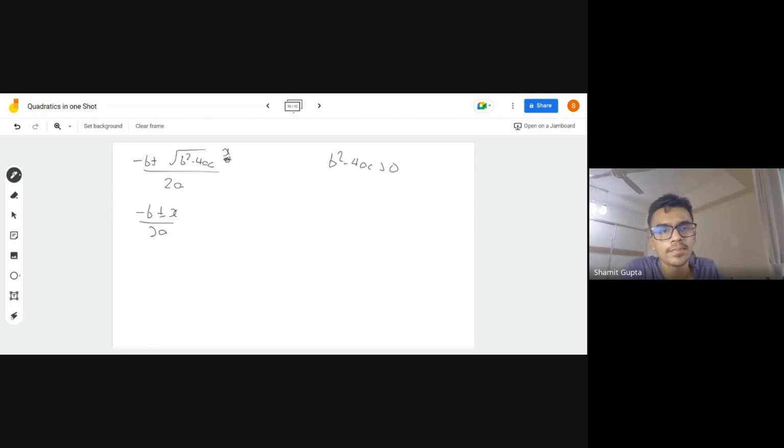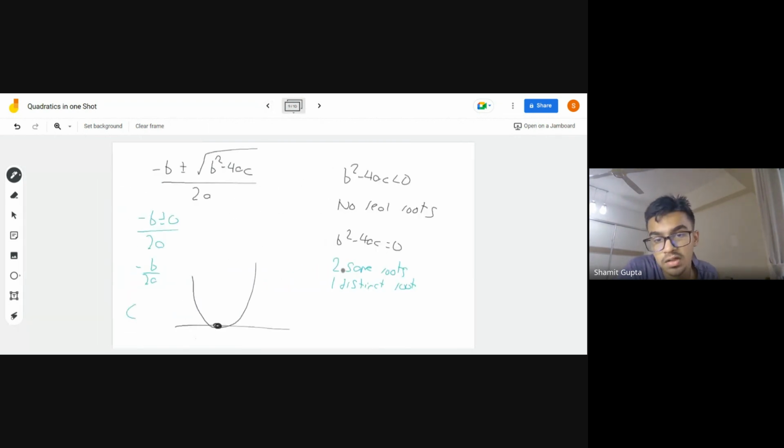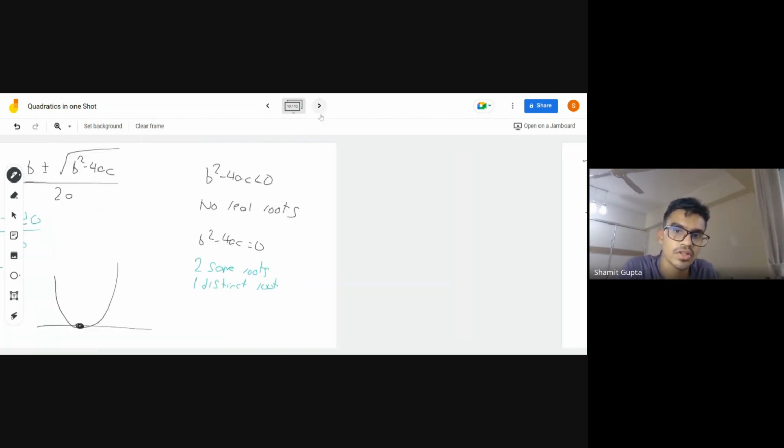Then we'll have two distinct roots. This time they're distinct because one time it's negative b plus x over 2a, and one time it's negative b minus x over 2a. So this will be two distinct roots. In the previous case, it was one distinct root or two same roots. And when b squared minus 4ac is less than 0, there are no real roots.